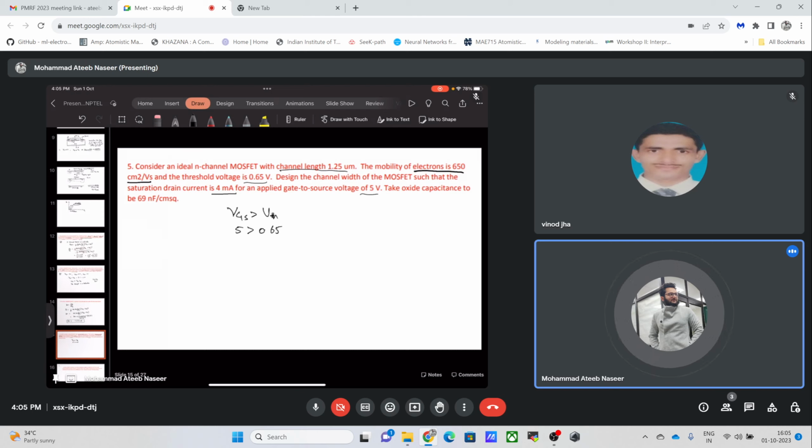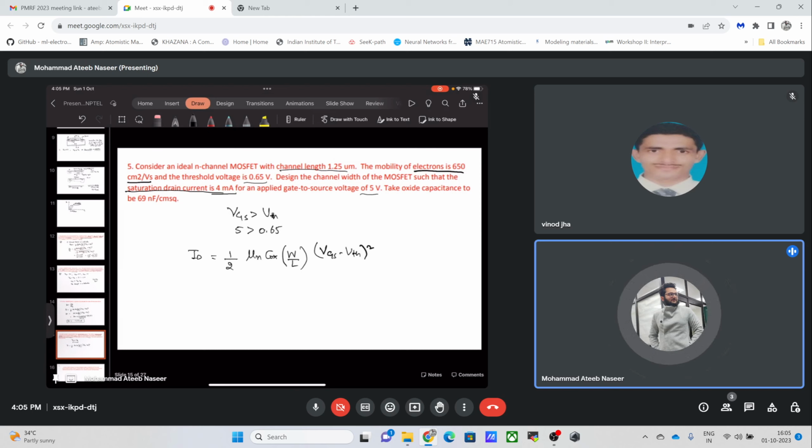Yes, it has been given that the MOSFET is in saturation. So the saturation current will simply be given by 1 by 2 mu n C ox W by L, VGS minus VTH whole square.